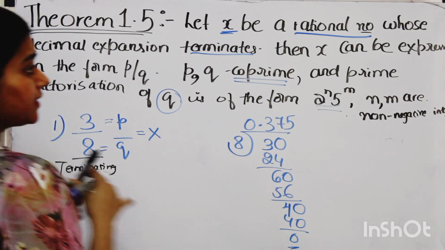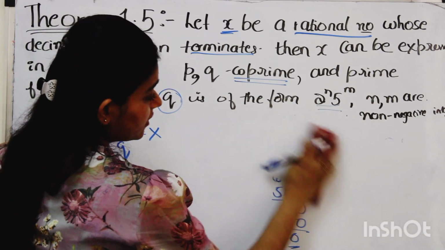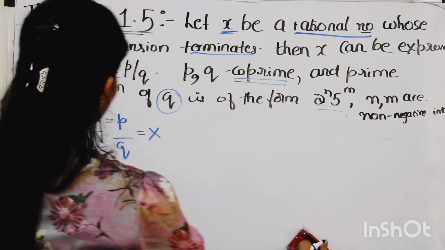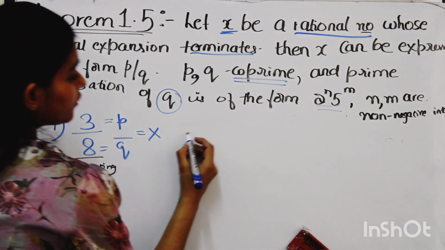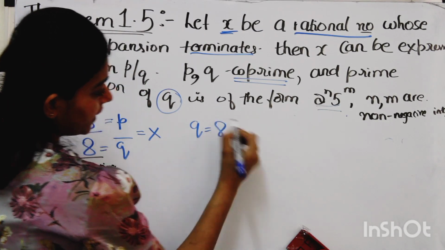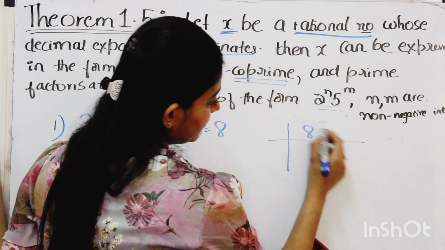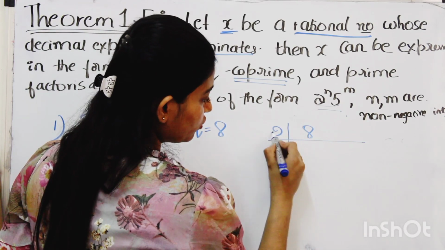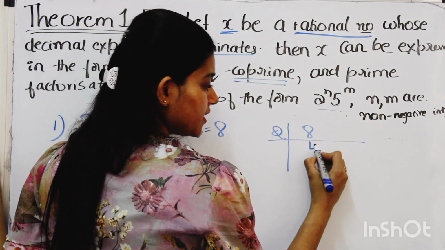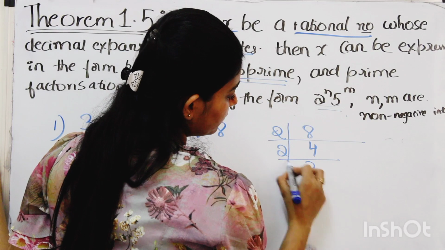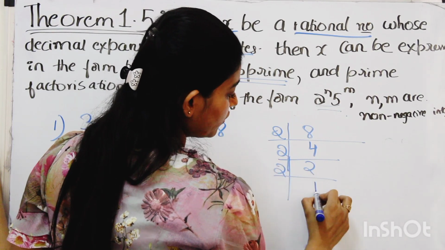Now we have to check the prime factorization of q. What is q here? We have q is equal to 8. Now see how to find the prime factorization. For 8, start from the prime number 2. 2 4s are 8, 2 2s are 4, 2 1s are 2.